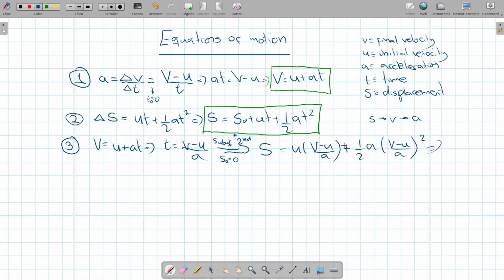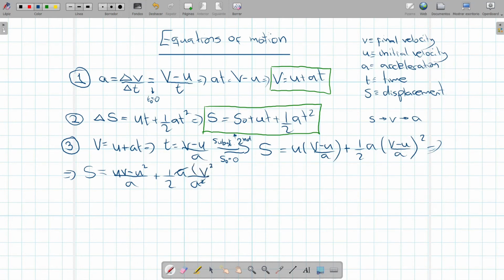Okay, so let's start simplifying a few things there. If we do the multiplication, we can obtain uv minus u squared divided by a. And then on this side, we have a divided by a squared, which obviously we can remove an a from, and then here we have v minus u all squared, which is a perfect square.